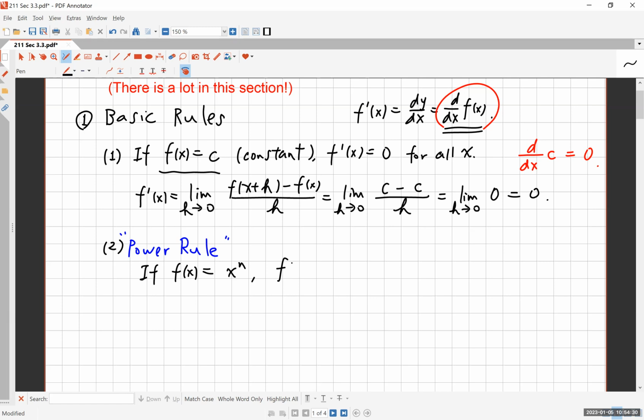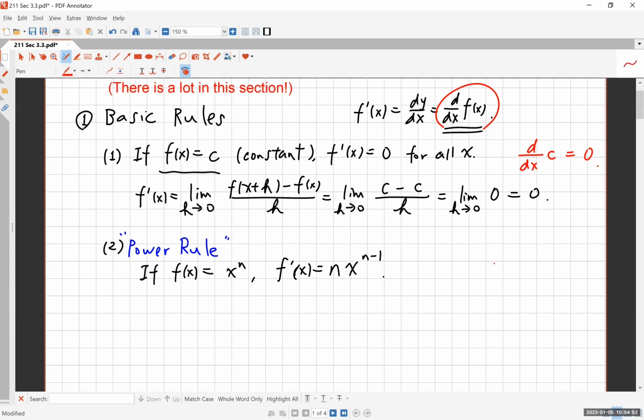Its derivative can be obtained by moving this exponent to the front as a coefficient and x to the new exponent, which is 1 less than the original exponent. So the derivative is n times x to the n minus 1, right?